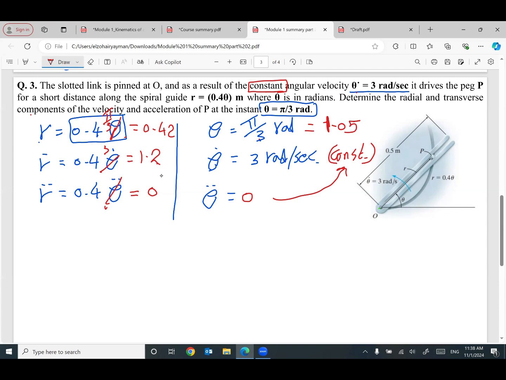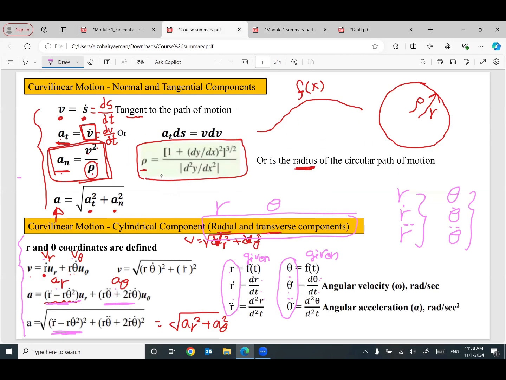So let's start with the velocity. For the velocity, we are looking for VR and V theta. The value of VR equals R dot. The value of V theta equals R theta dot. If you go back to the summary, here you go. This is VR, R dot.